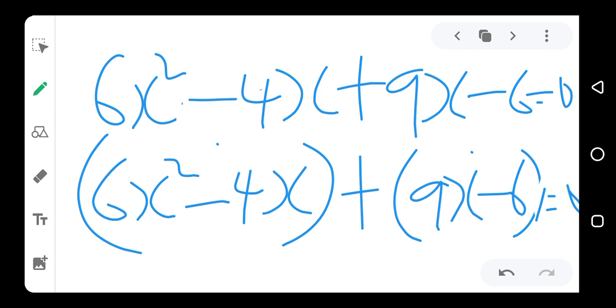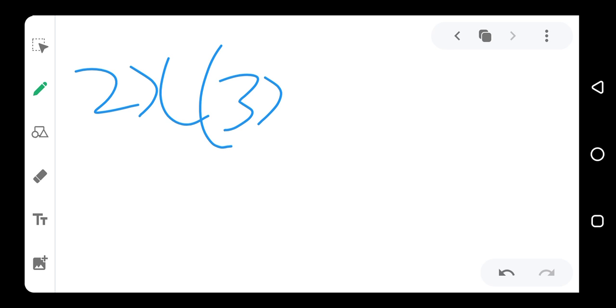So 2 is the common factor here. 2x, there's x here and there's x here. 6x squared divided by 2x, we get 3x.